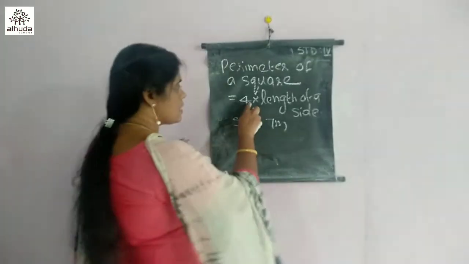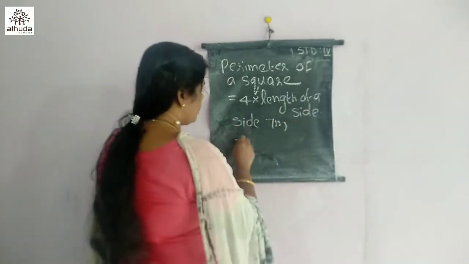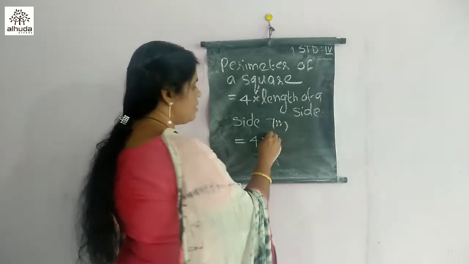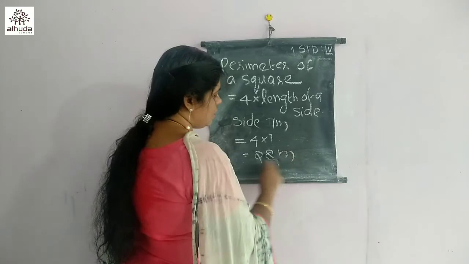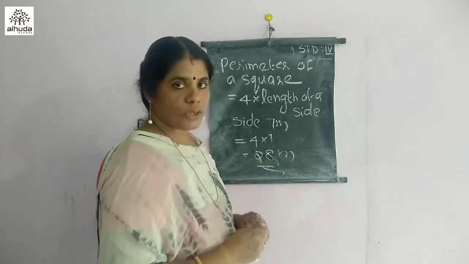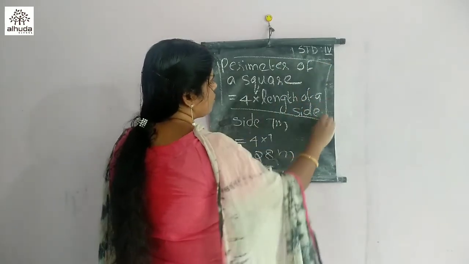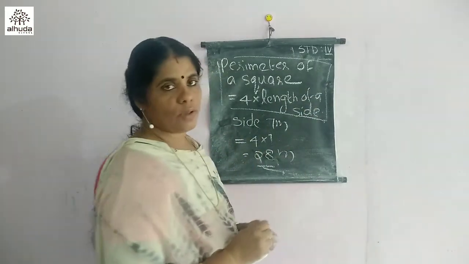So the equation is 4 into length of a side. So 4 into length of one side, which is 7. 7 4s are 28 meter is the answer. Understood? This is very important. You should learn it by heart: perimeter of a square is equal to 4 into length of one side.